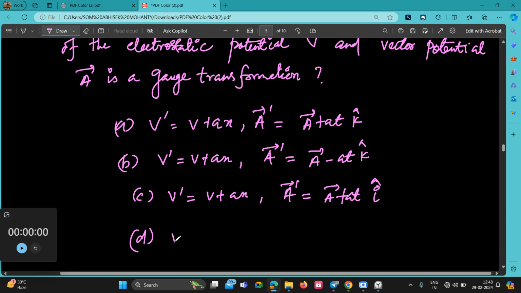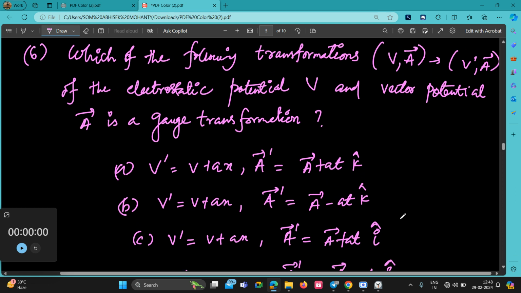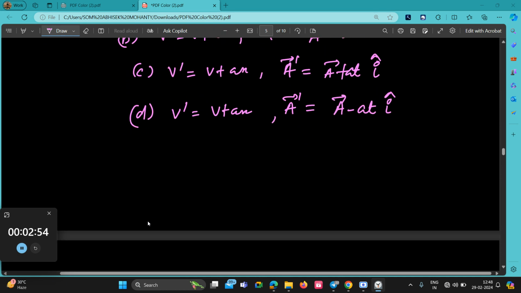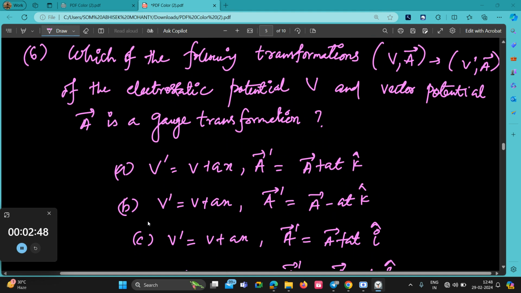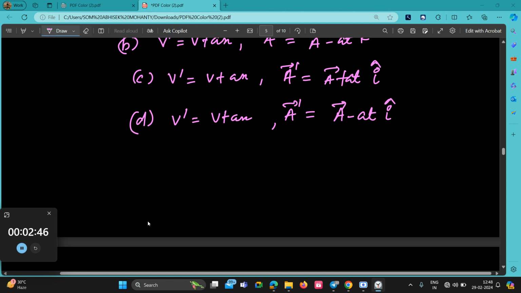Option D, V dash is equal to V plus a x and A dash is equal to A minus a t i cap. Please try this question. We have done gauge transformations in our lectures. You can check that also if you are doubtful about this.